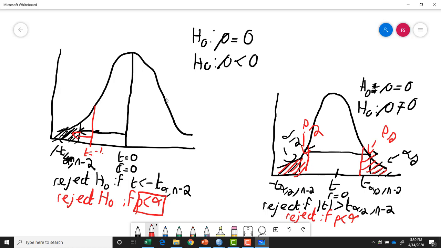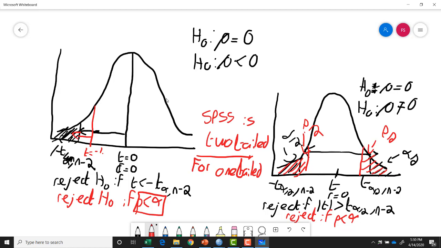Now notice again, SPSS is two-tailed, and it gives you kind of both p-values on both sides. So if you want one-tailed, you need to divide it by 2. And I'll like double and triple exclamation mark that.